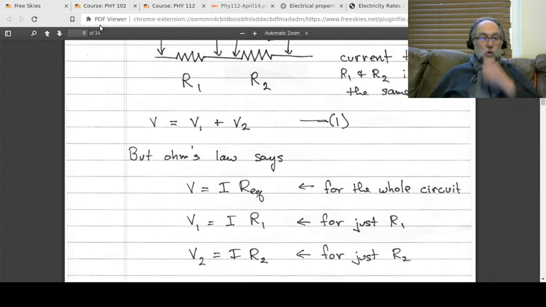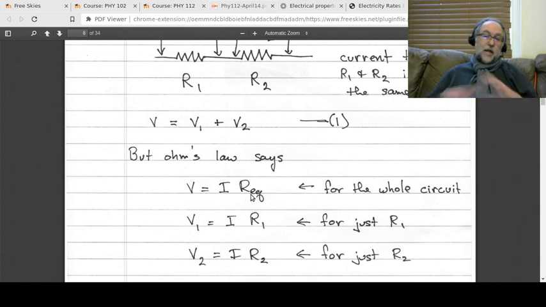So you can apply Ohm's law to the two resistors independently of one another or together, and keep in mind that the current is the same. If you apply it to the whole circuit, the total voltage drop across both of them is going to equal the current, which is the same throughout this problem, multiplied by the effective resistance.